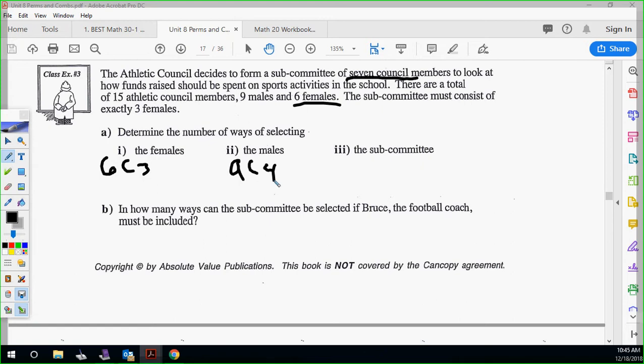Not add, multiply, right? Because it's options times options, like a tree diagram. So it's these multiplied, which is 2520. This is 2520, this is 126, this was 20.